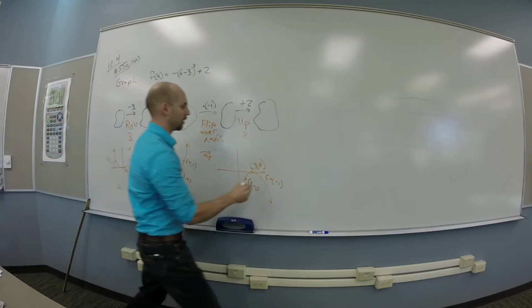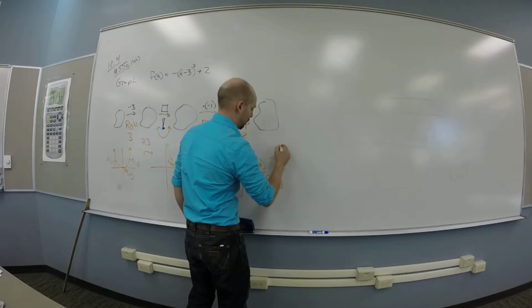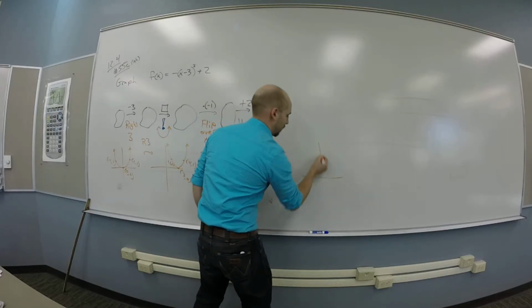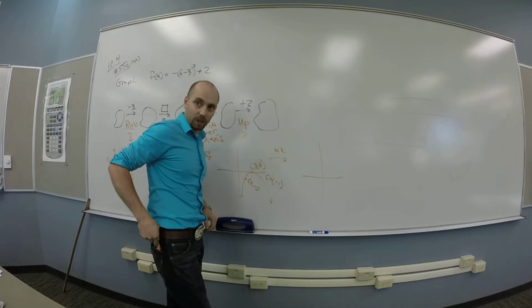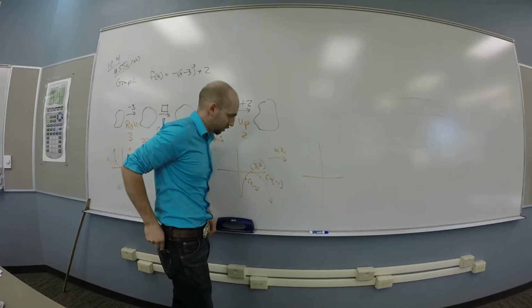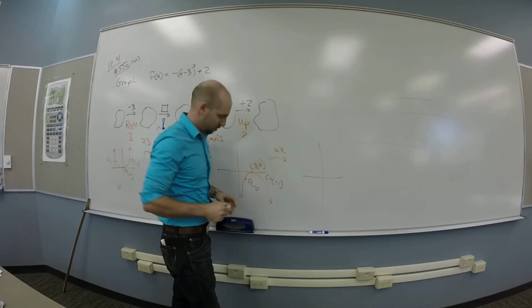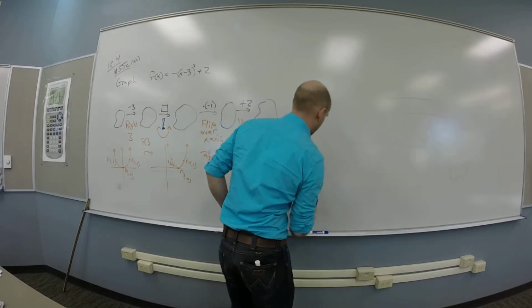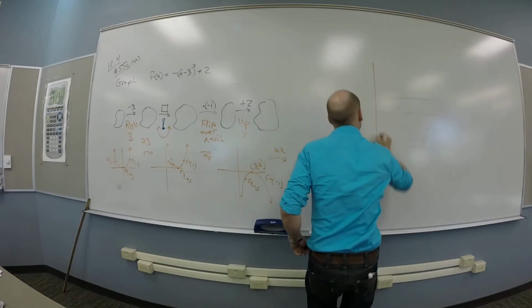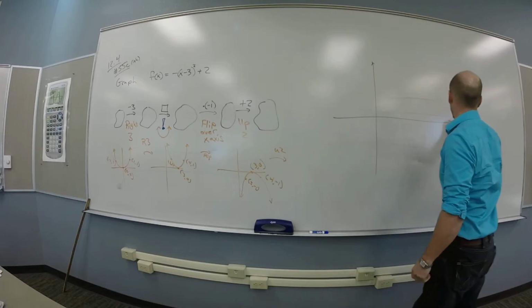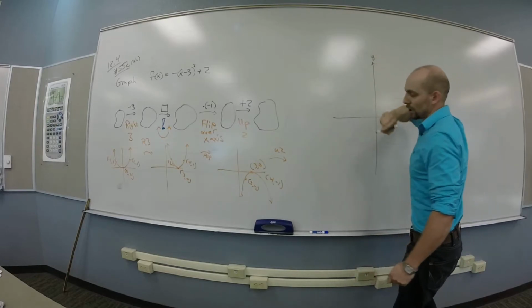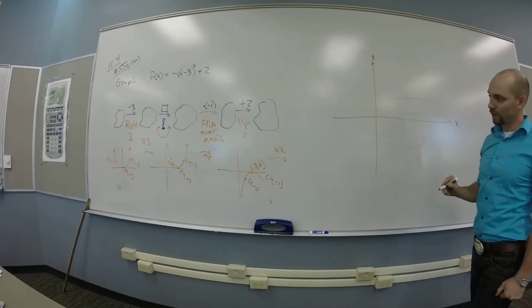Okay, and then my next shift is up 2. Oh, and this is my last one, right? So I should probably draw this big and in reasonable colors. 3 and 2 is the vertex. Labeled axes, maybe, to be really fancy.